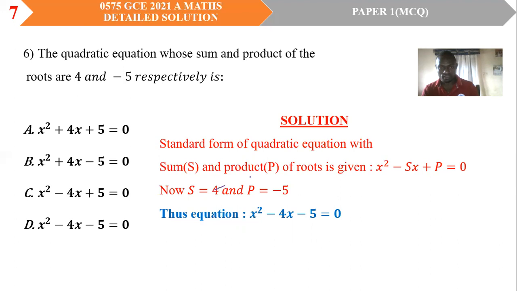Substituting s equals 4 here and p equals -5 in this standard or general equation, we are going to have that x squared minus 4x minus 5 equals 0 is the equation satisfying the roots, the sum and product of roots given by 4 and -5 respectively. So answer D. We move on.